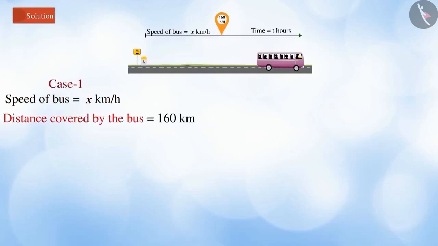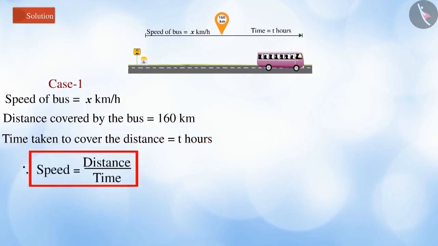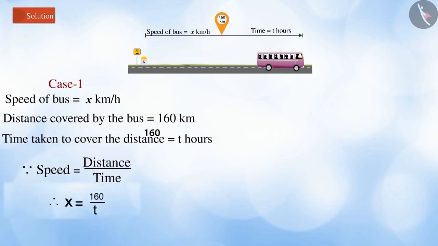The total distance covered by the bus is 160 kilometers. Let the time taken by the bus to cover the distance be t hours. Since we need to find the equation for speed of the bus, let's represent it in the following manner. Speed x would be equal to 160 by t, or we can write it as t is equal to 160 by x, which is represented by equation 1.